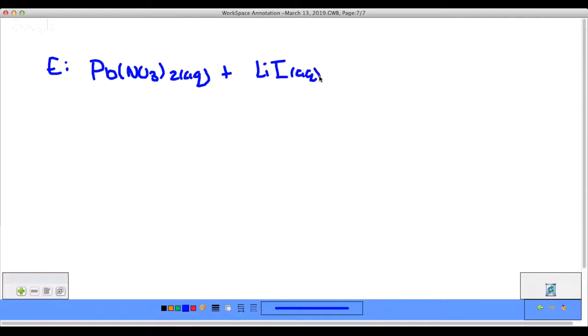We are told that those are solutions, so we know that they are going to be aqueous. And what's going to happen is lead is going to form a bond with iodine. So that's going to look like PbI2. And if you look on your solubility chart, this is actually a solid. So that is going to be an S. And then we're going to have lithium nitrate, and this is going to be aqueous.